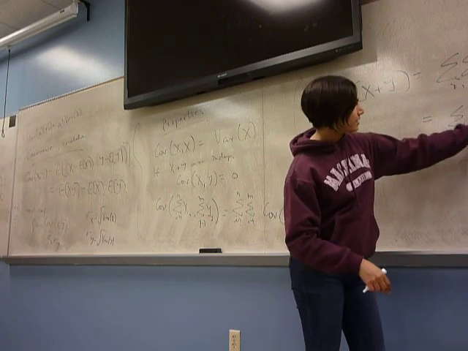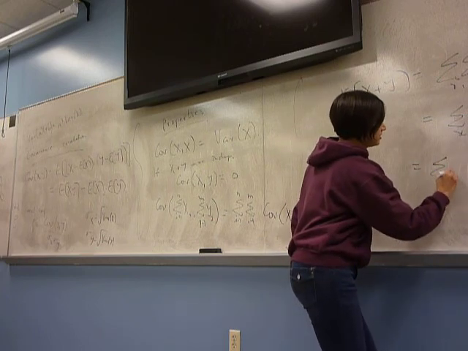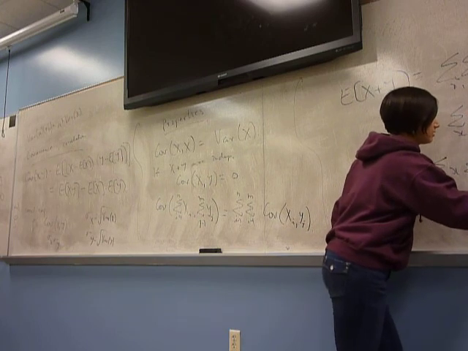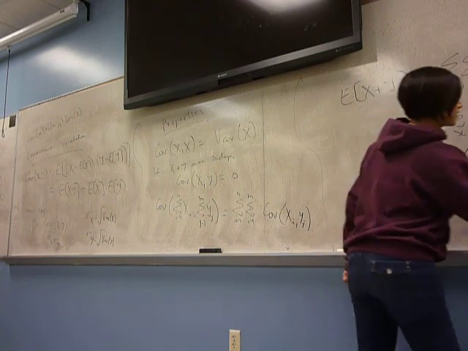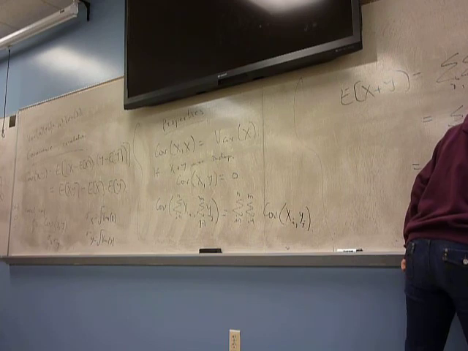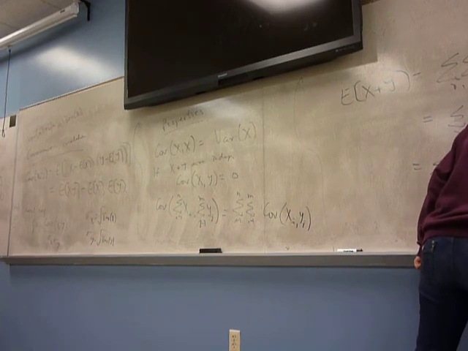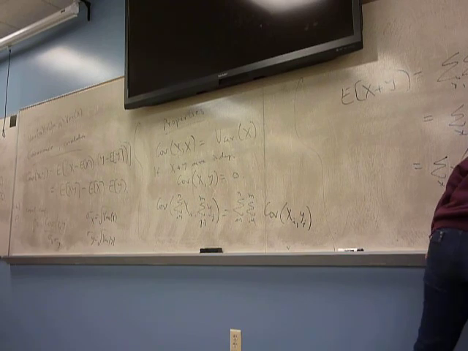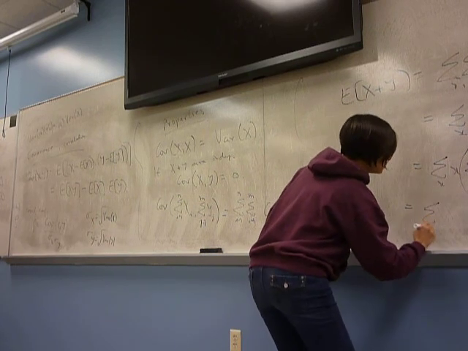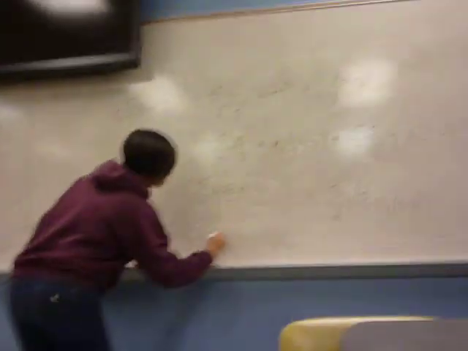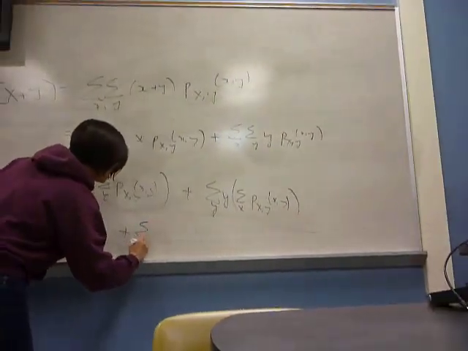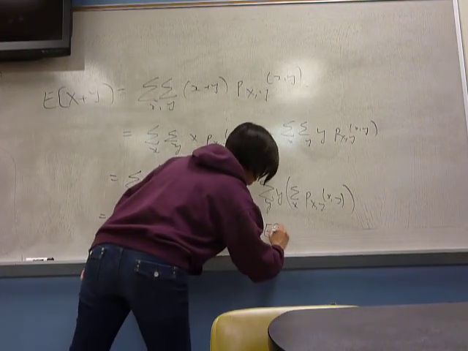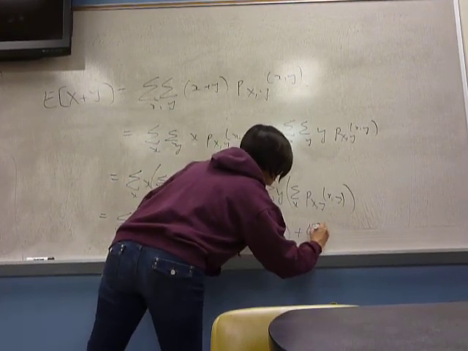If I sum over y, I can pull this x out. And you end up here with the expectation of x plus the expectation of y.